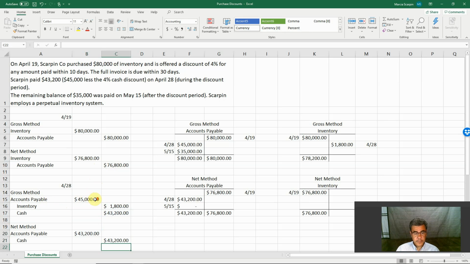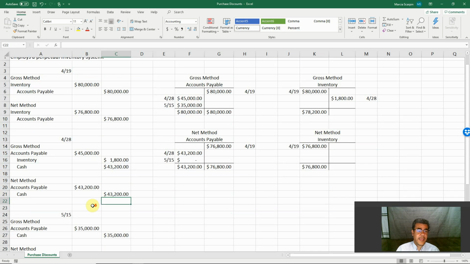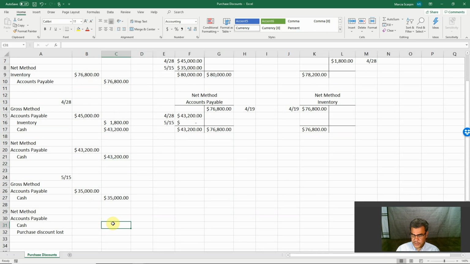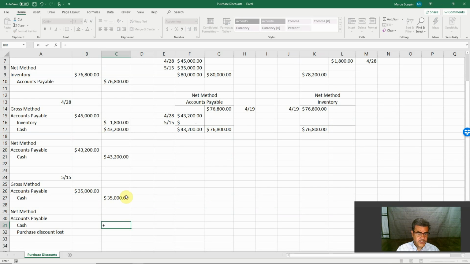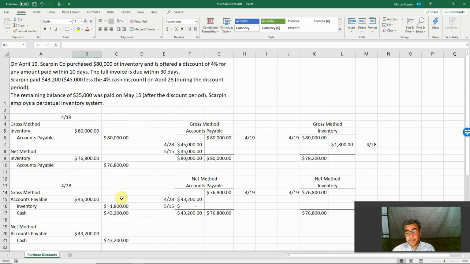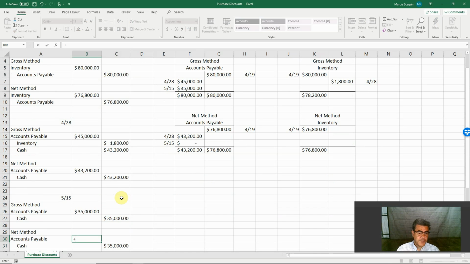Okay, and what about the net method for the full payment? We pay cash 35. However, for the accounts payable, we are working with the net numbers. So how much? 35 less 35 times 4%.